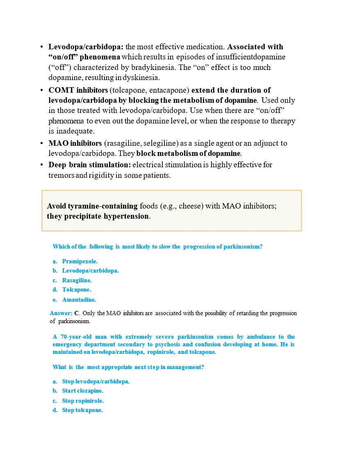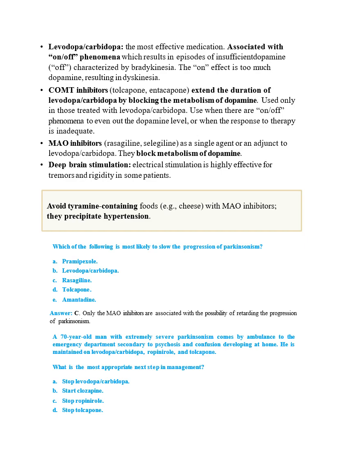Use these medications only in these cases when patients are treated with carbidopa-levodopa. Use when there is on and off phenomena to even out the dopamine level, or when the response of therapy is not enough or inadequate.